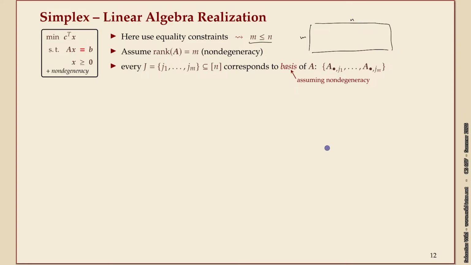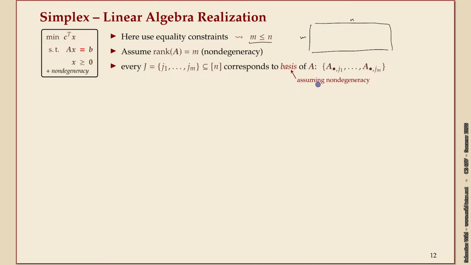And so rank M means essentially that if it's non-degenerate and has full rank, whenever you pick a collection of M columns out of the N possible ones, you get a set of linearly independent vectors.